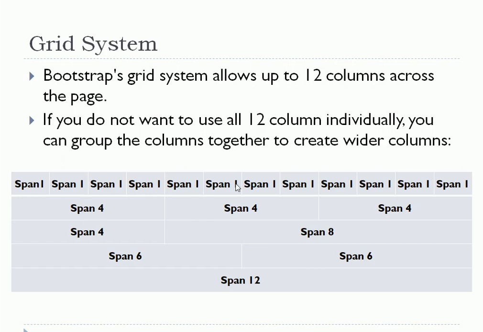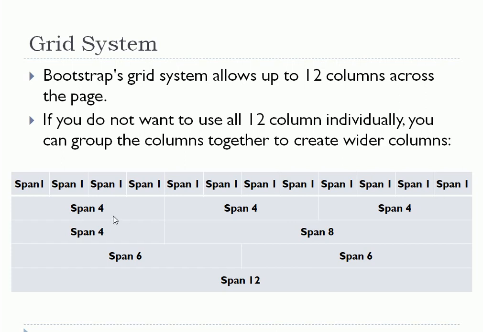As I have shown here, every column is of size 1. Here I have 3 columns because I do not want to use the individual 12 columns, so I group them into 4 each.